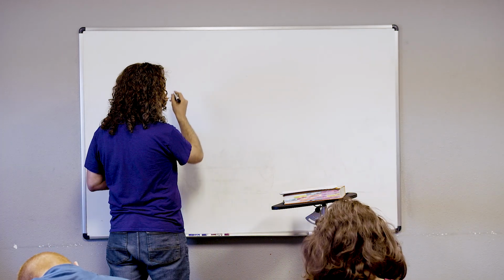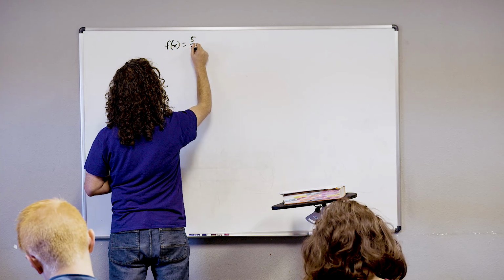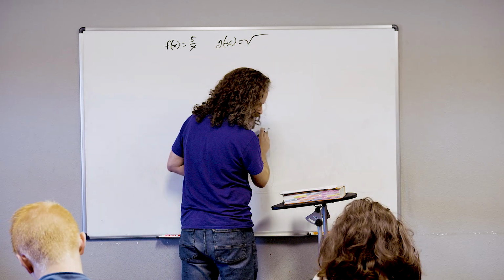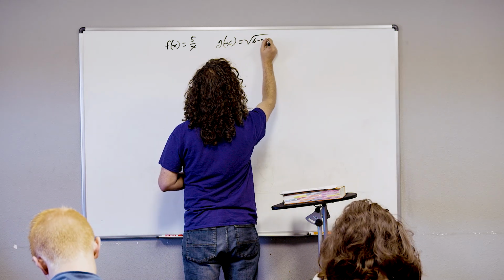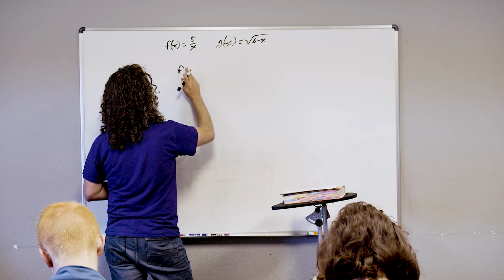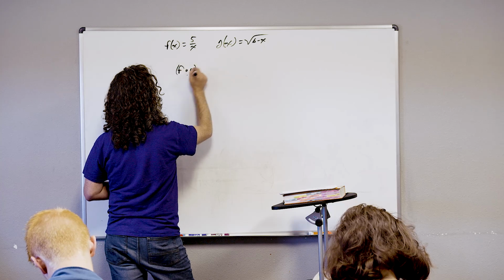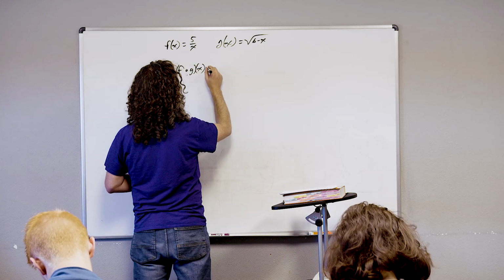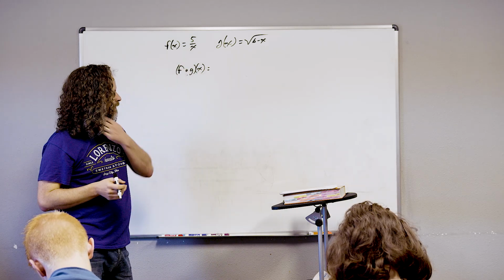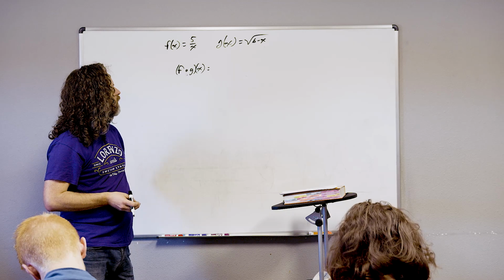So for 16, we have f of x equals 5 over x, and g of x equals the square root of 6 minus x. We're wanting to find f of g of x and state the domain of f of g of x.